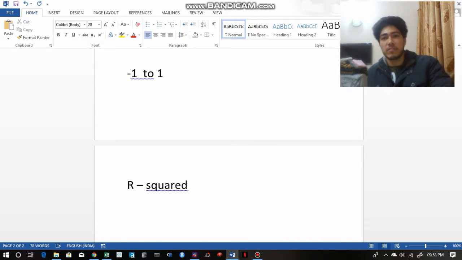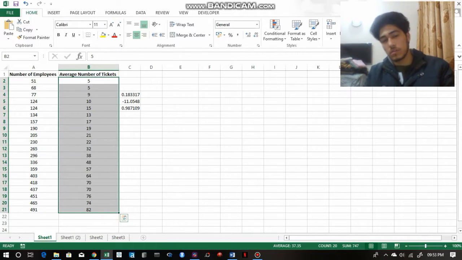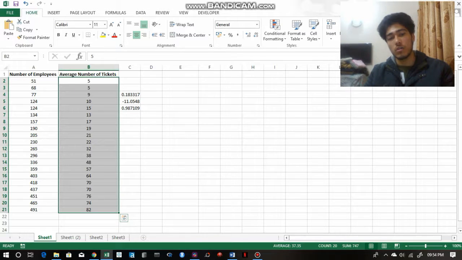For example, suppose there are 21 records in our data, and out of 21, almost 18 are 100% dependent or correlated with each other.